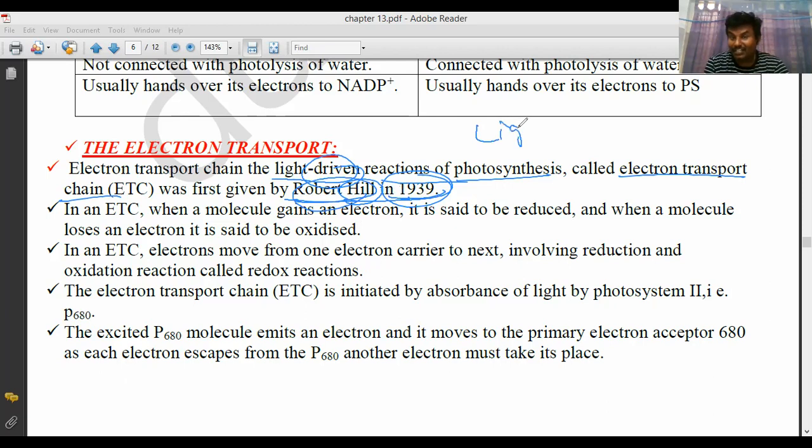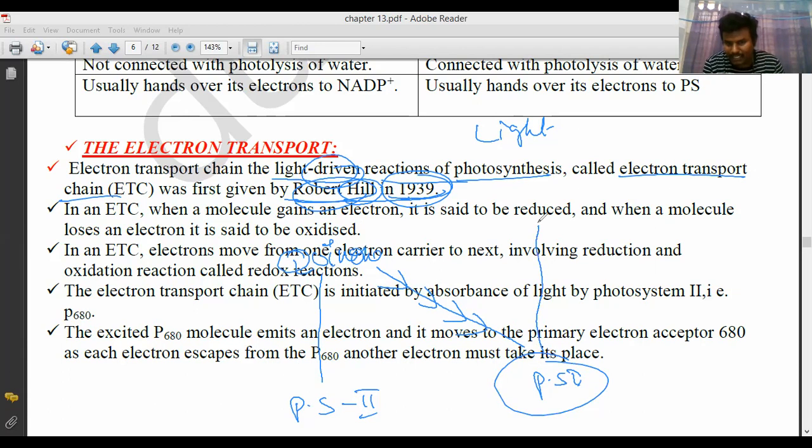Light reaction is nothing but electron transport. PS2 receives electrons from the splitting of water and transfers them to the quinone. Through electron acceptor molecules, they are transferred to PS1. From PS1, the electrons reach the FRS complex, FRS standing for ferredoxin reducing substance.